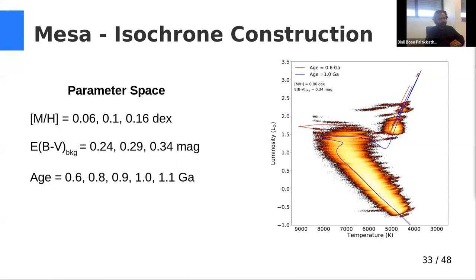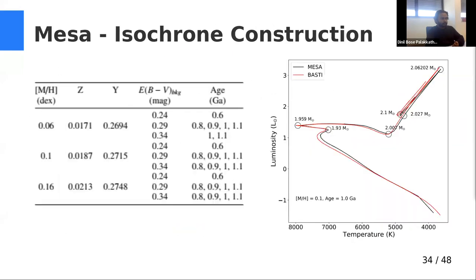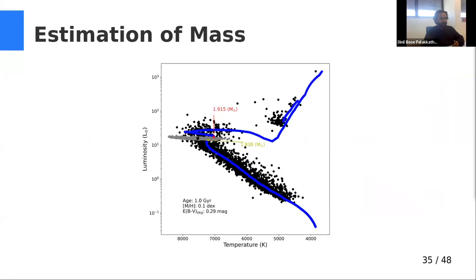But one thing we have to say is that the luminosity and temperature errors are very large. So even if I include the rotation, I think... Right. I don't think that will influence your temperature necessarily a lot.